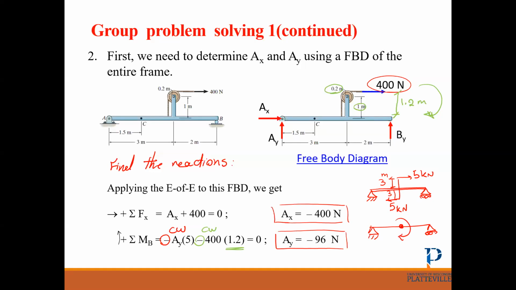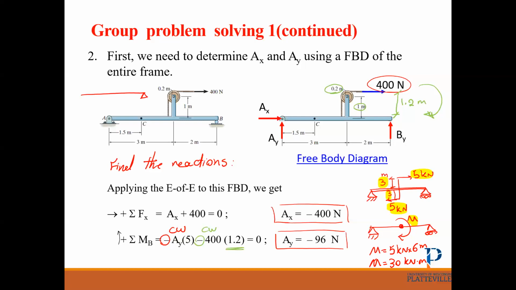So you can put the moment of 5 kilonewton multiplied by 6 meters, which is 30 kilonewton meters. So either you can use these forces here and this distance, or you just replace it with one moment.